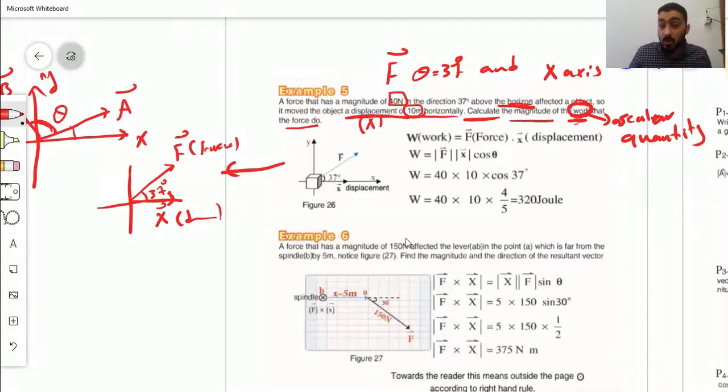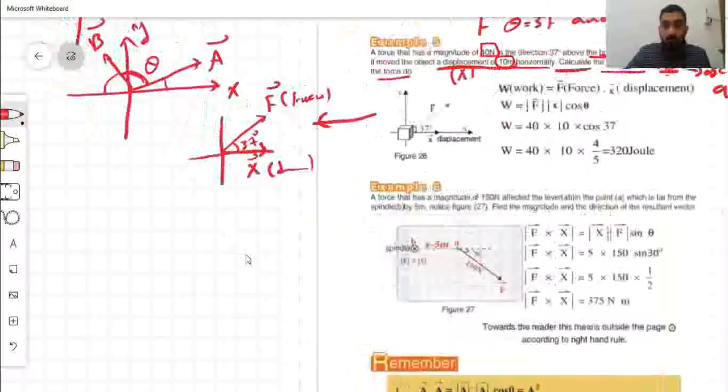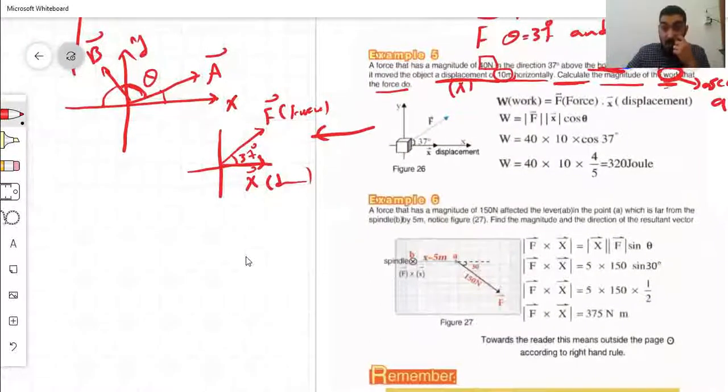Now the resultant is work, a scalar quantity, which means that multiplying vector F by vector x gives a scalar quantity, work, so we must use the law of the scalar or dot product.